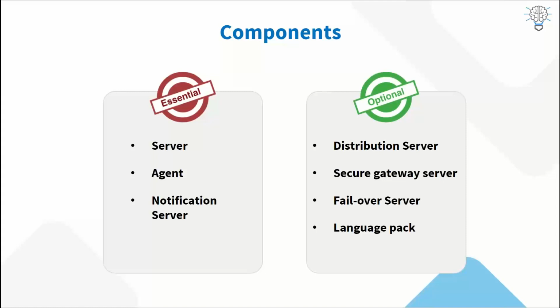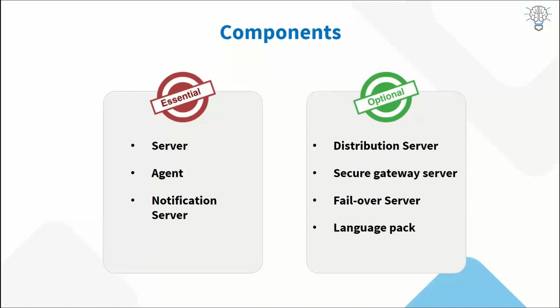When we look at the optional components, we have a distribution server, which serves as a repository for patches, software, and scripts that you have deployed to the machines in the remote office. We can create a unique replication policy for each location as per the bandwidth requirement.